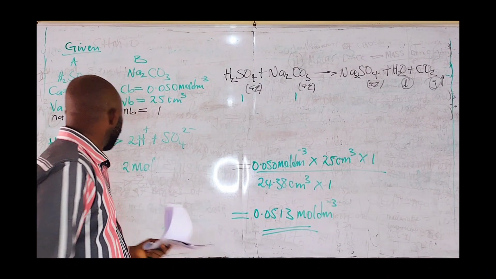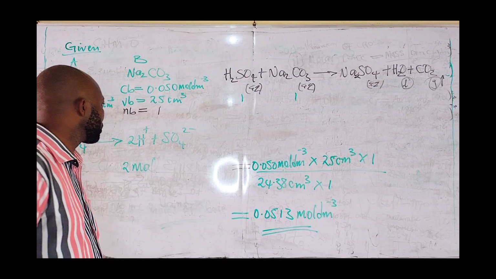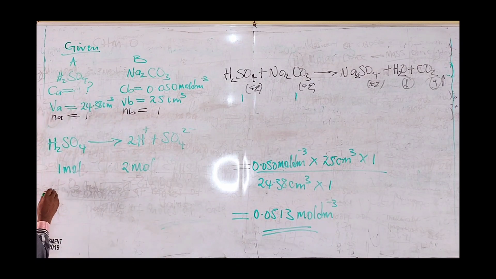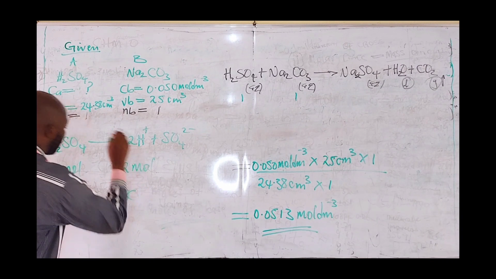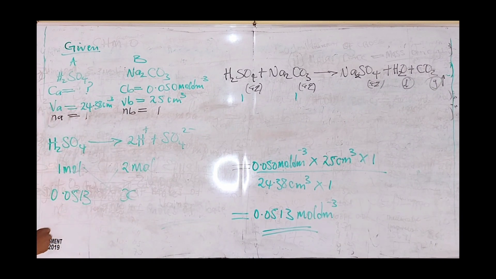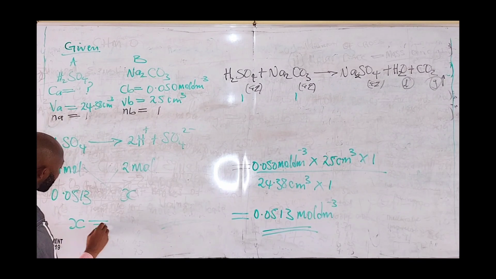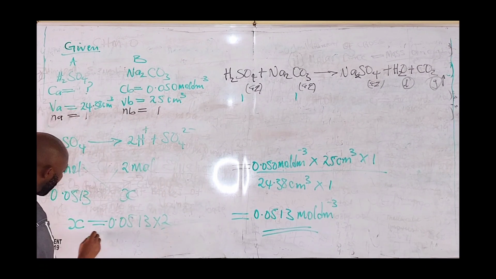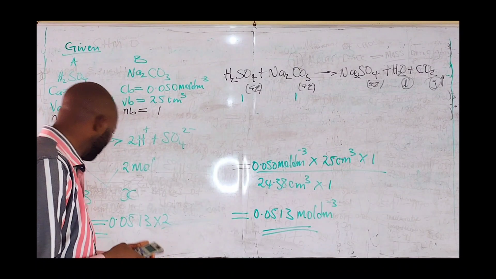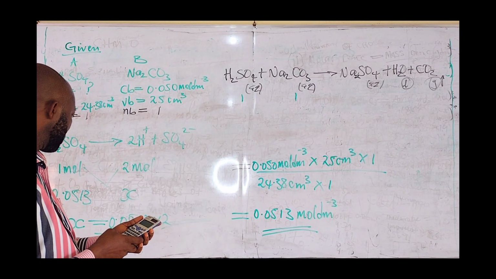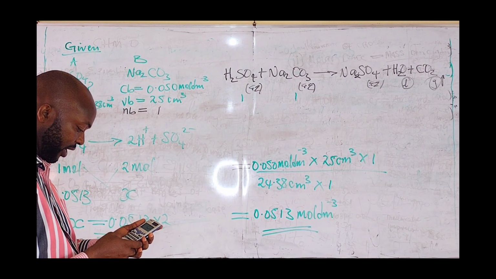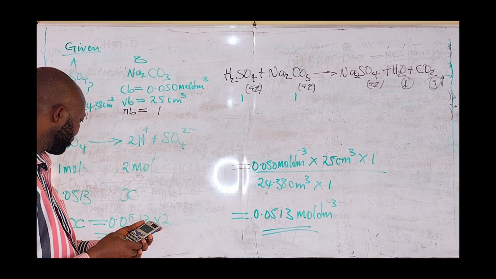So right now, if 1 mole of H2SO4 gives us 2 moles of hydrogen ion, then 0.0513 moles will give us X. If I cross multiply as usual, I will have my X which equals 0.0513 times 2.